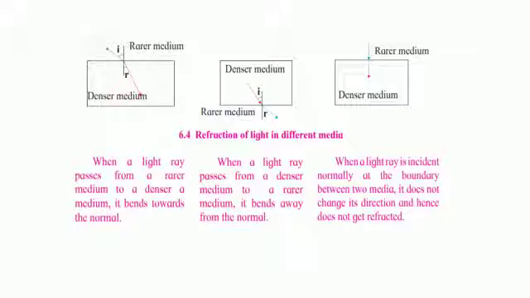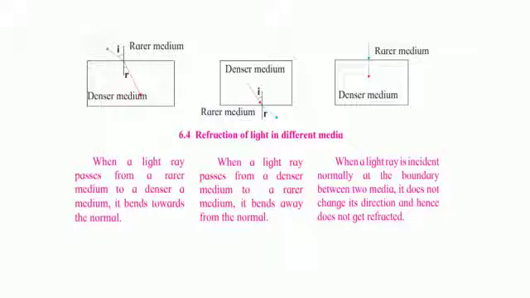Because of the speed of the light decreasing, we find that the angle of refraction is going to be smaller and the ray of light is going to bend towards the normal. So when a ray of light passes from a rarer medium to a denser medium, it bends towards the normal.